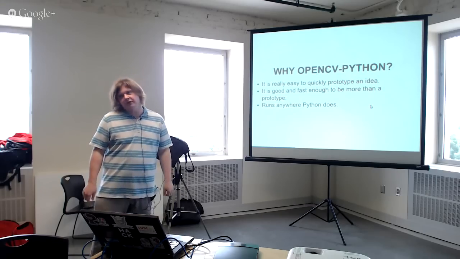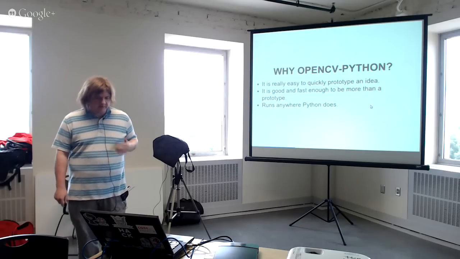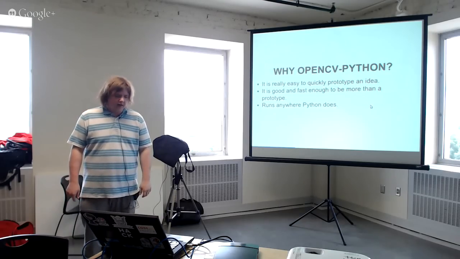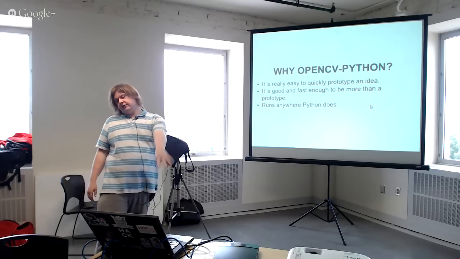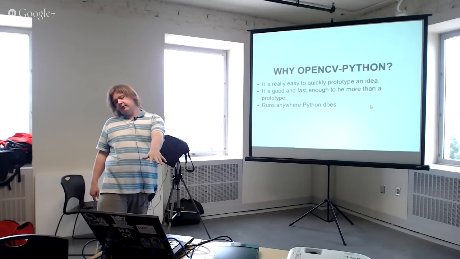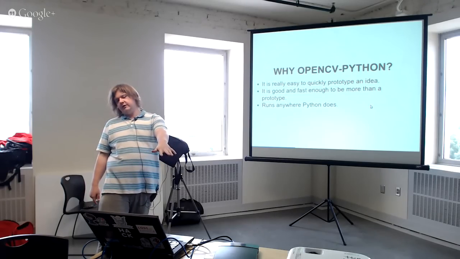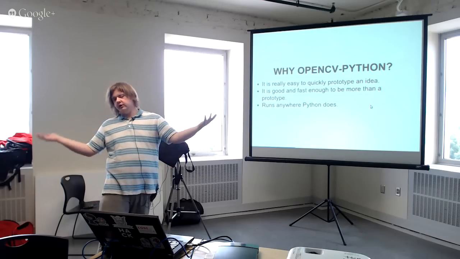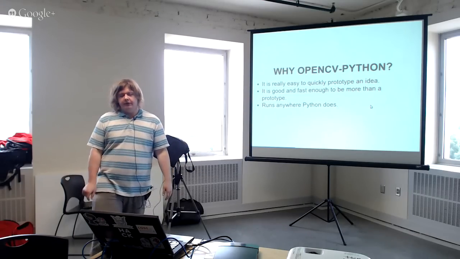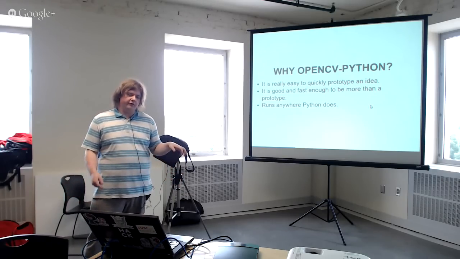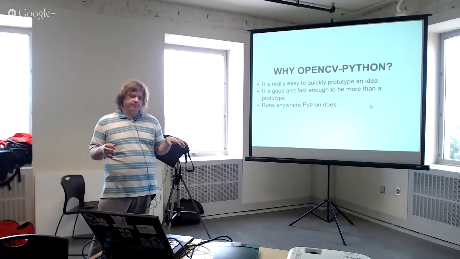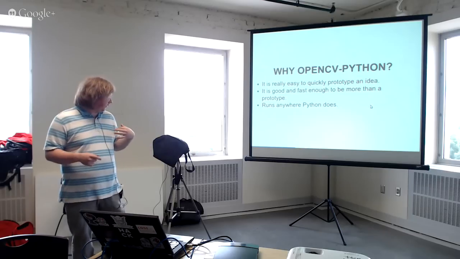So why OpenCV Python? When I first worked on this project, to back up a little bit, the sound synthesis software I have on my computer is written with Overtone, which is a Clojure project. So I got the bright idea to do the project I'm working on also in Clojure.